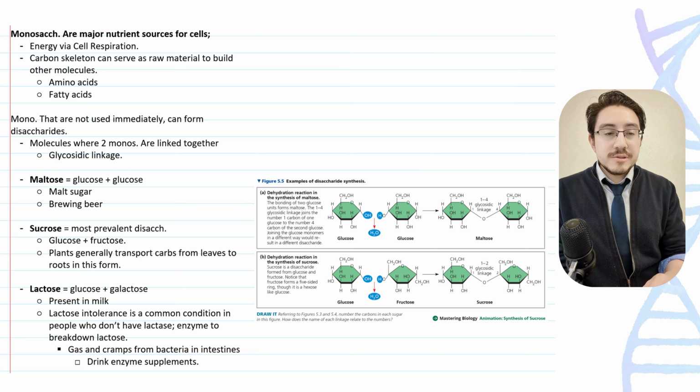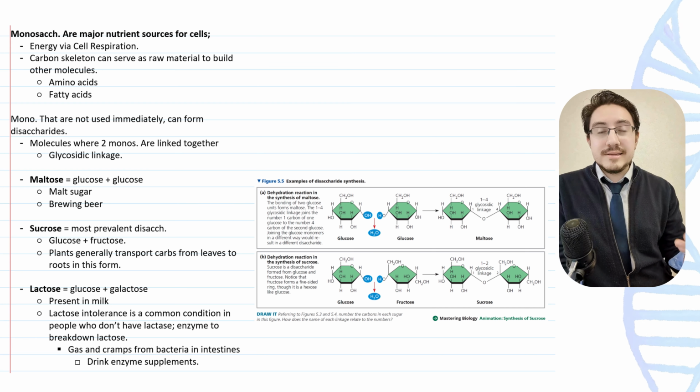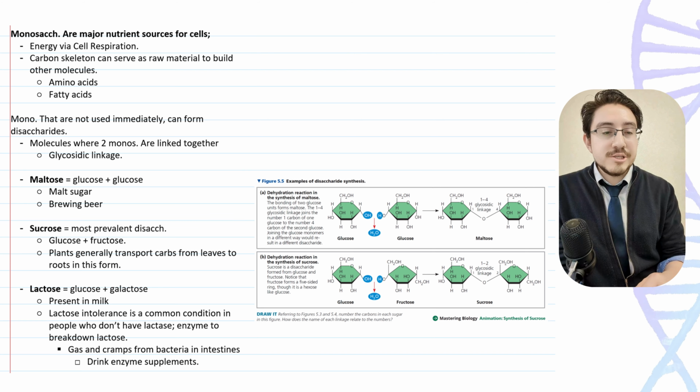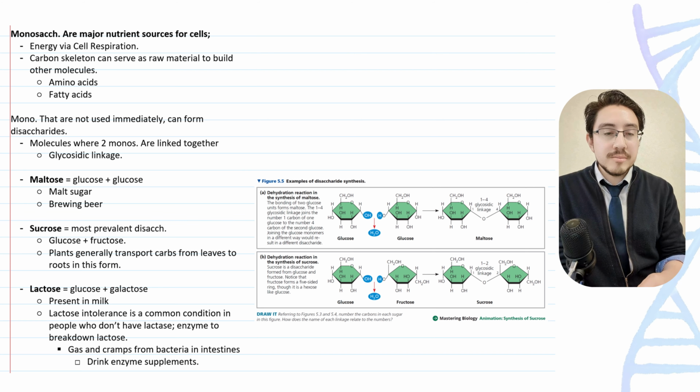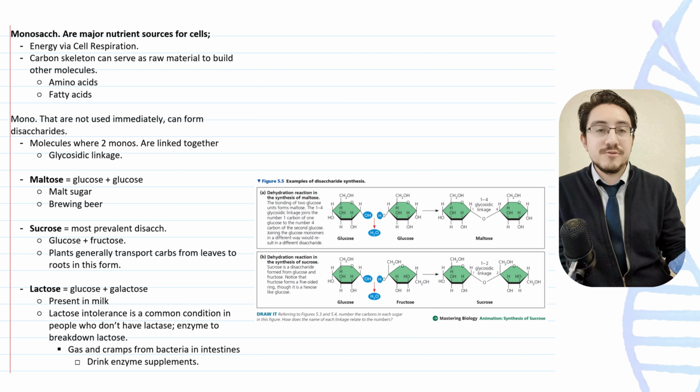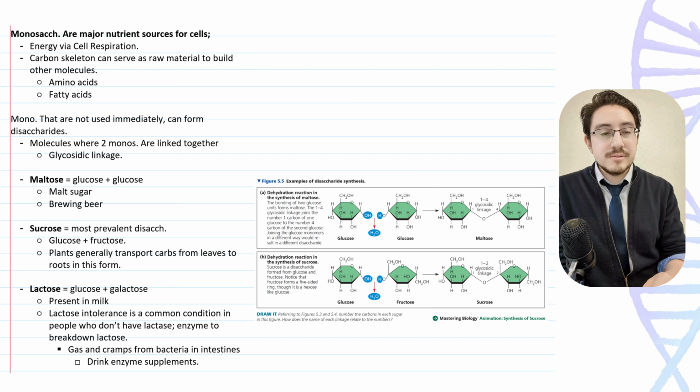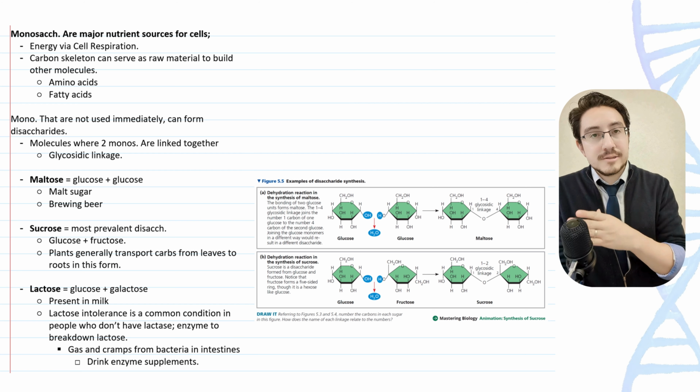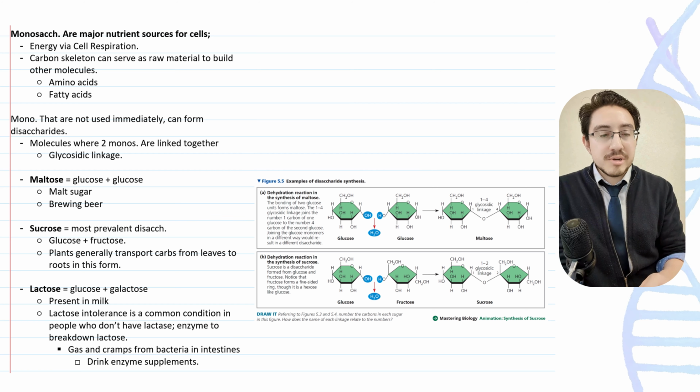You have sucrose, which is the most prevalent disaccharide. Plants generally transport carbs from leaves to the roots in this form. You have lactose, which has glucose and galactose linked together. It's present in milk.